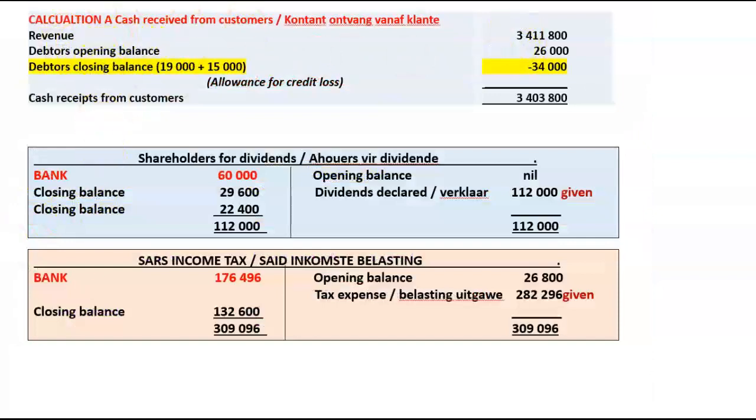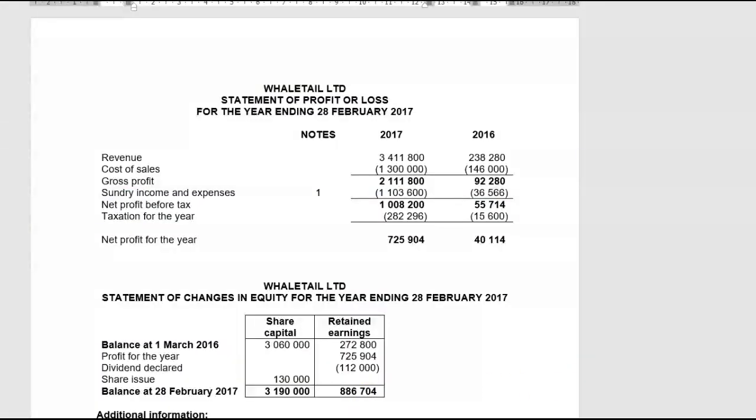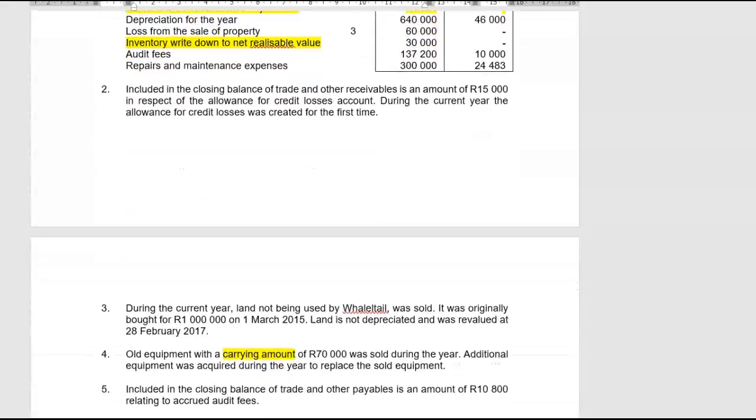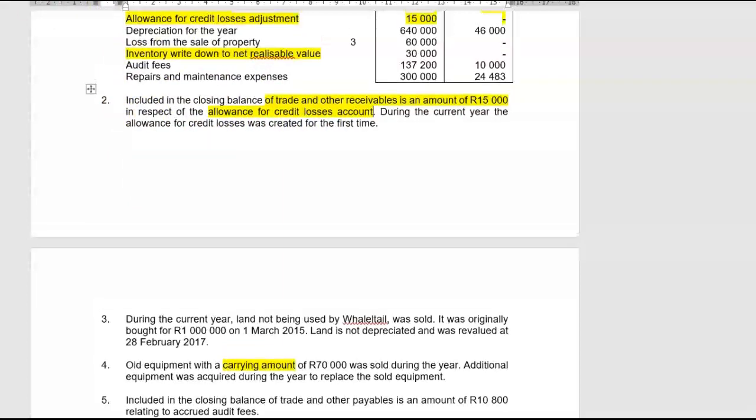But in the movement in debtors, you must watch out for the following. They tell you here in the additional information that the closing balance of trade and other receivables includes an amount of 15,000 in respect of the allowance for credit losses account. During the current year, the allowance for credit losses was created for the first time.